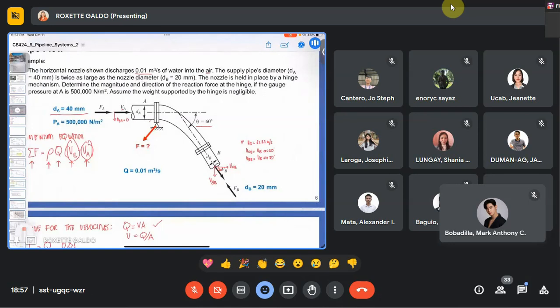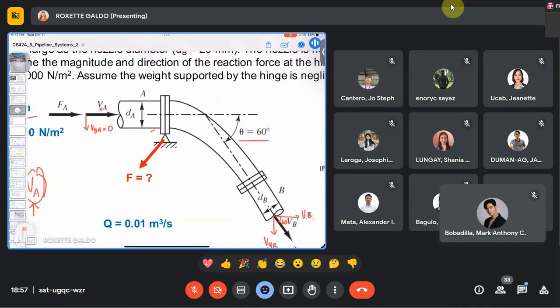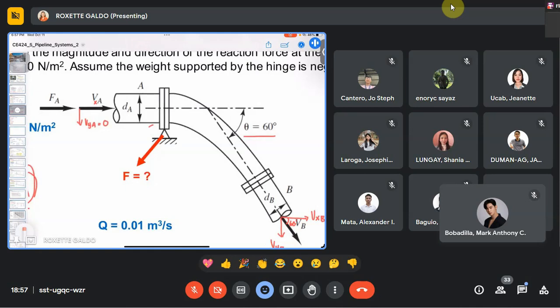So what force will the hinge resist? What force does it need to support at this point here?